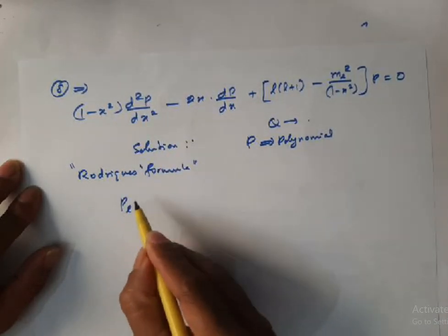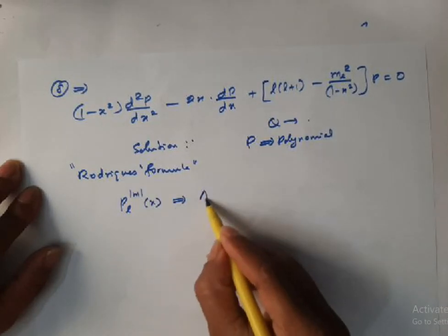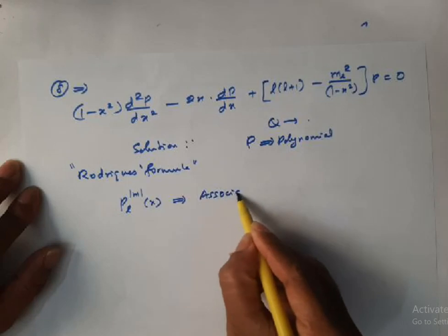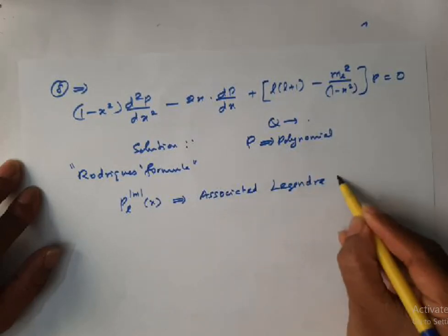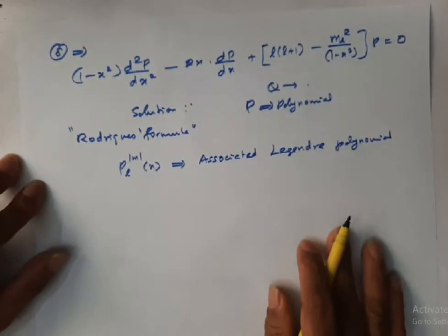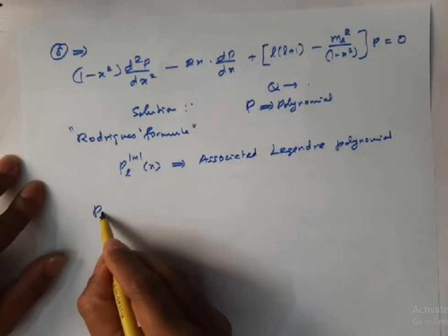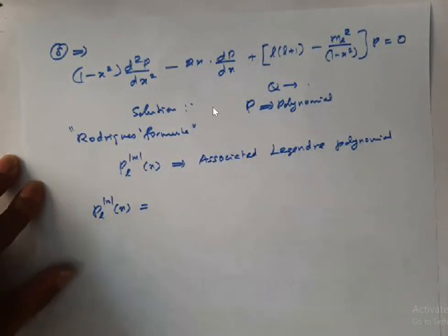Therefore, under Rodrigues formula, these are called associated Legendre polynomials. PL of mx is now called the associated Legendre polynomial.